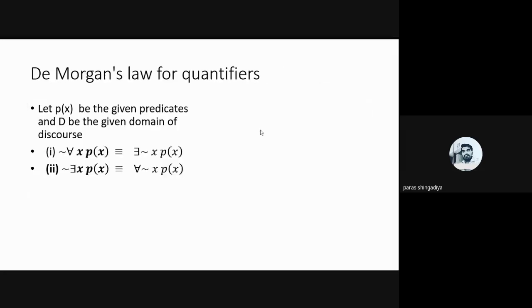And then the very important concept in this topic, the last concept of this unit, is known as De Morgan's law for quantifiers. We already proved one De Morgan law in the concept of logic. What is the statement of De Morgan's law in logic? We have two statements, P and Q. The negation of (P or Q) is logically equivalent to negation P and negation Q. That is the first statement.